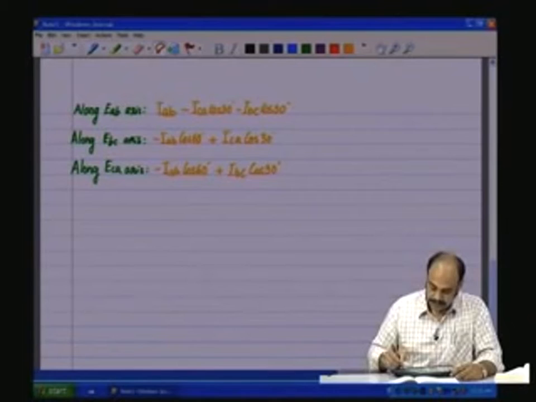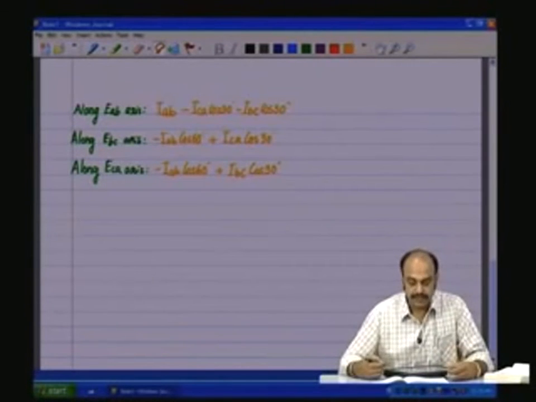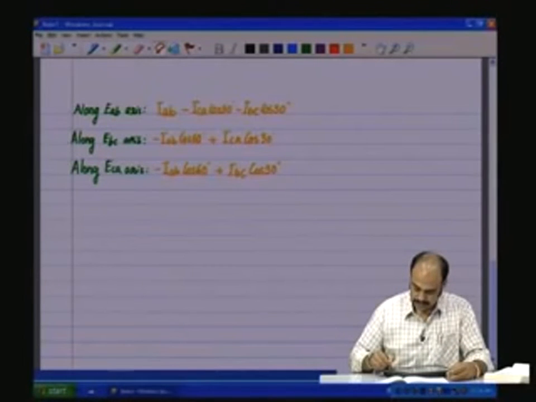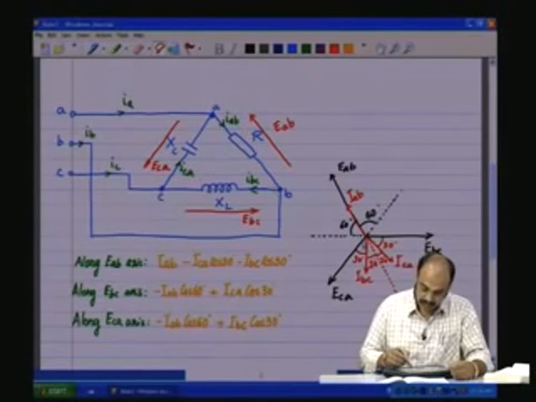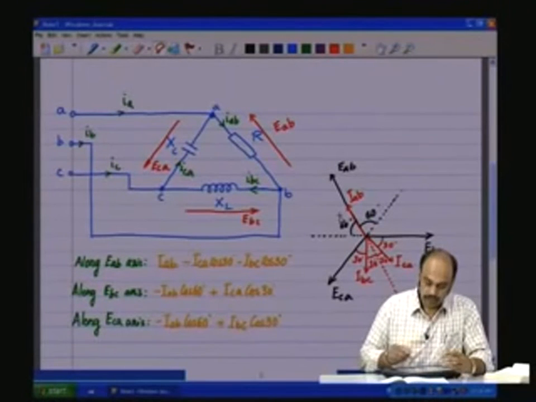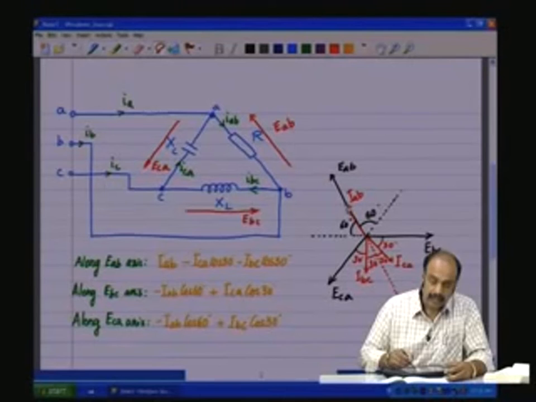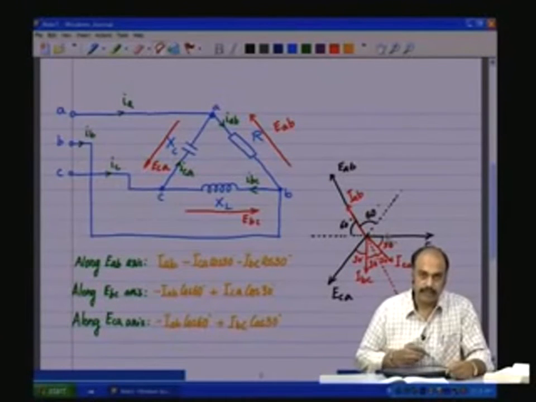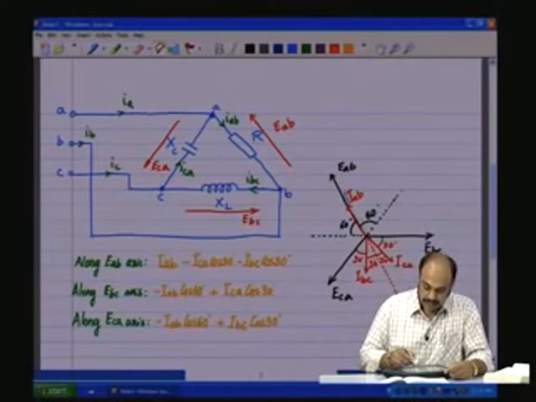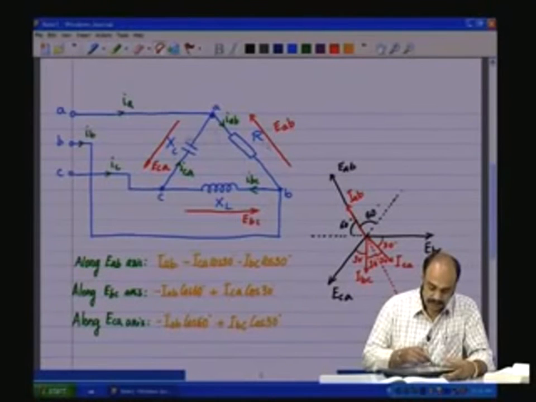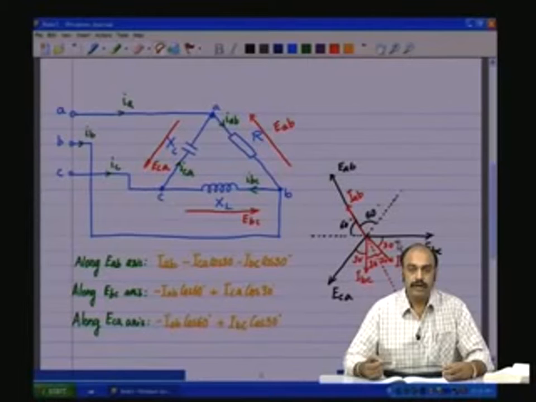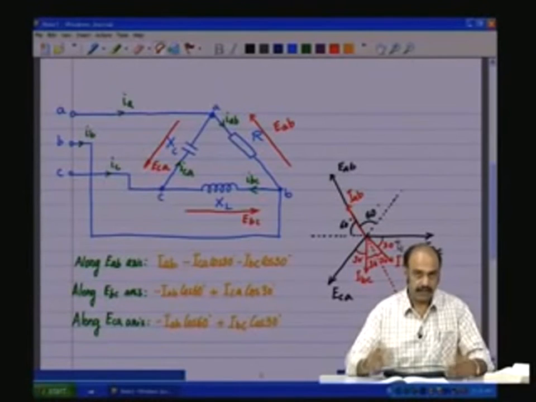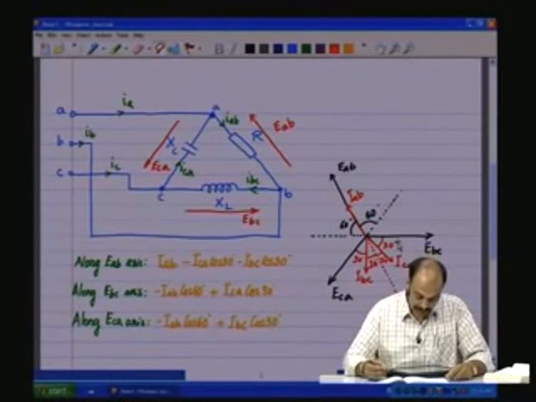Let us say that if we want to make this load balanced, it should look like I have a current along this, along this, along this, all of equal amplitudes. Then we have the equivalent of something like a resistive load, all having the same effective values, which means the whole system would be balanced.